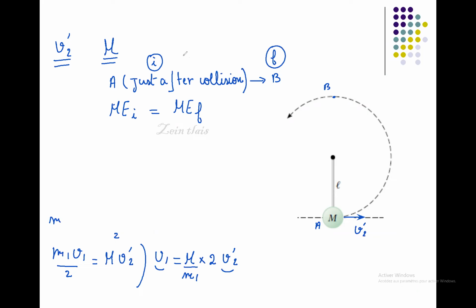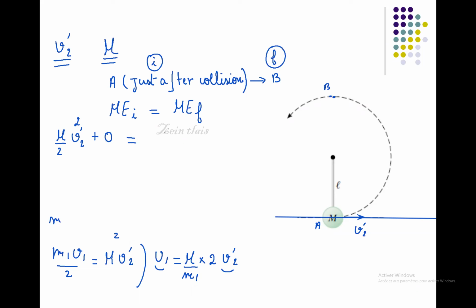Initially, at the lowest point, we can put the reference at this point. So initially we have kinetic energy equal to M over 2 times V2 prime squared, and we don't have potential, so it equals 0.